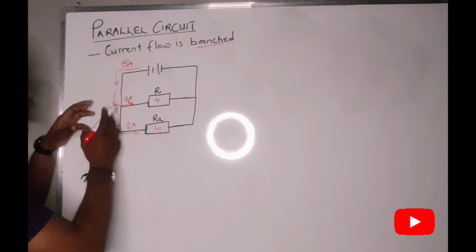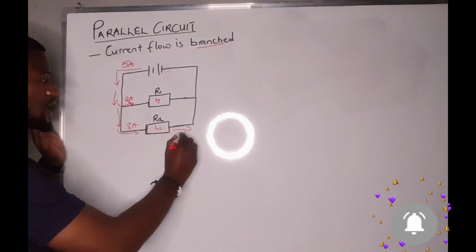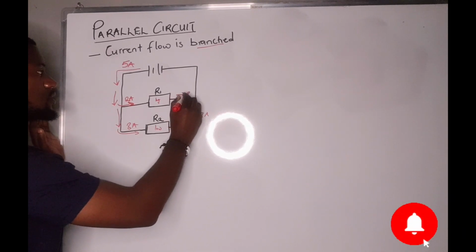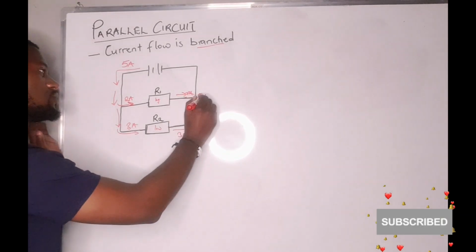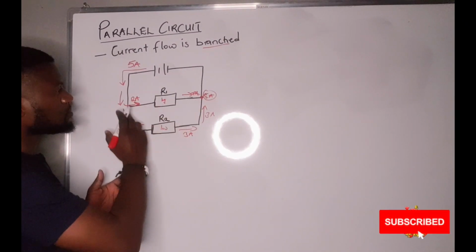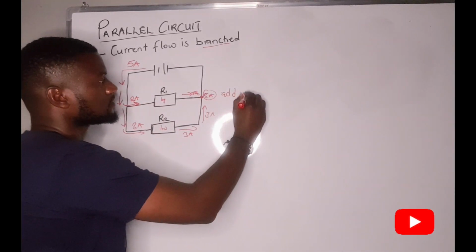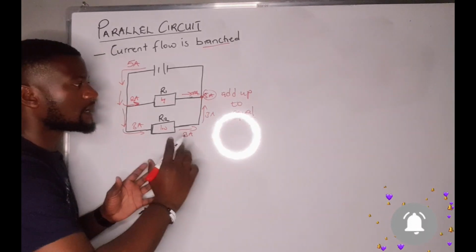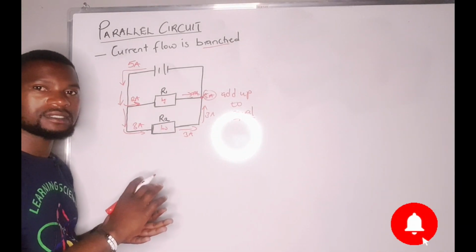So current is going to be divided. As it flows, we are going to have 3 amps here, then we also have 3 amps there, and we'll have 2 amps there. But once it meets at this junction, we are going to have 5 amps. So the current through the branches add up to equal the current that is flowing in the main circuit.